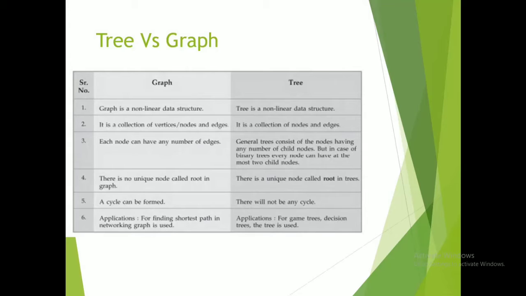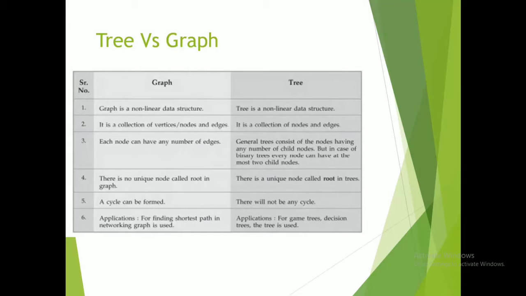Next, the difference between tree and graph. First is graph and second is tree. A graph is a non-linear data structure, and a tree is also a non-linear data structure. Second, a graph is a collection of vertices, nodes and edges.